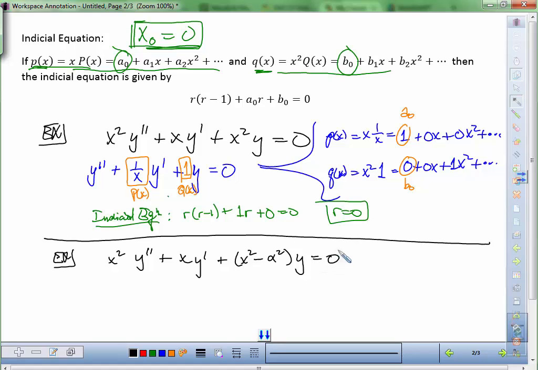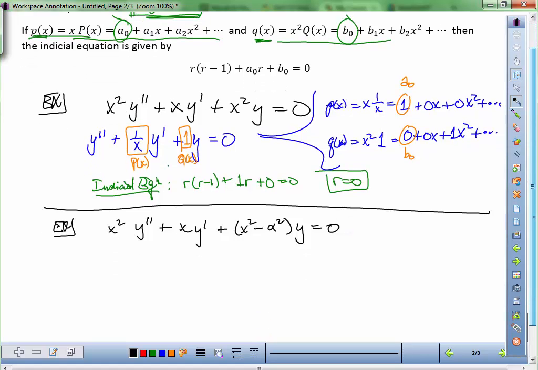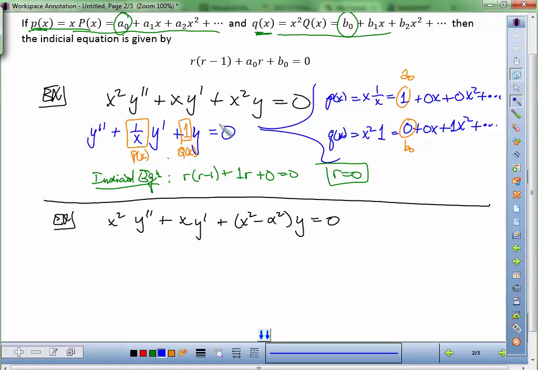So it essentially looks like it's the same differential equation, but let's see how this works out for us. We're going to write it in standard form by dividing by x squared again.